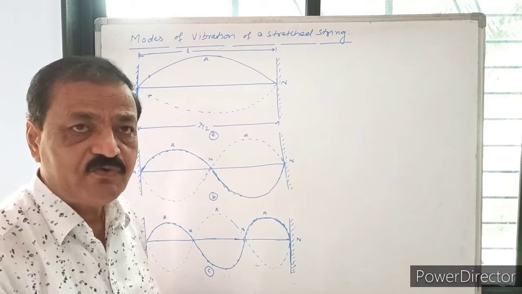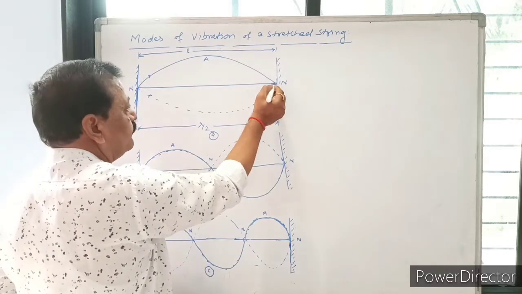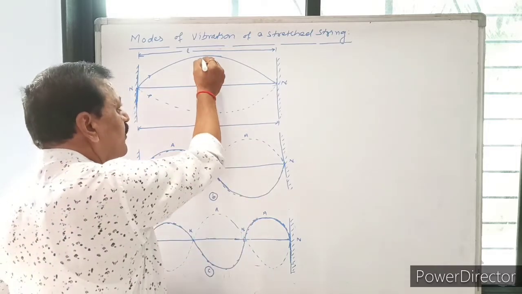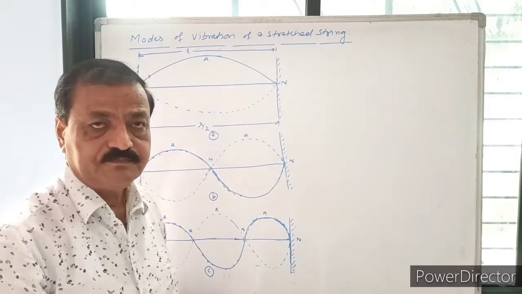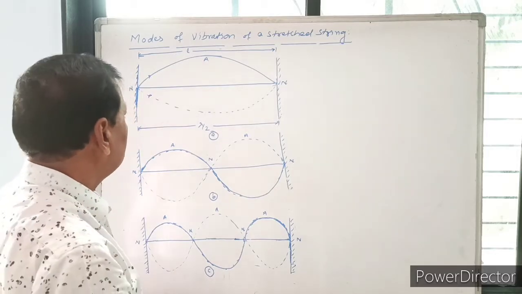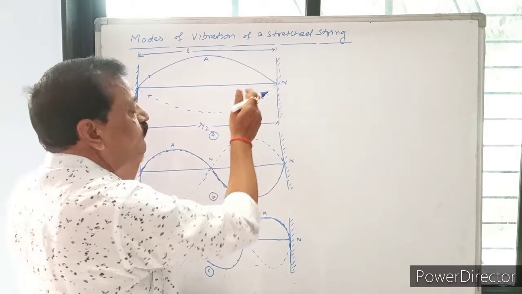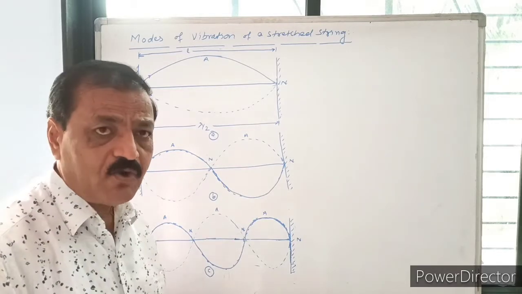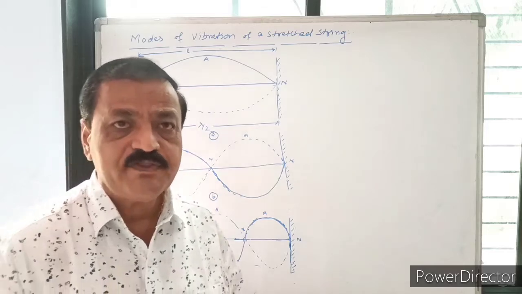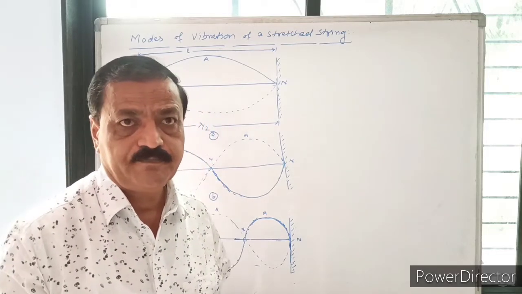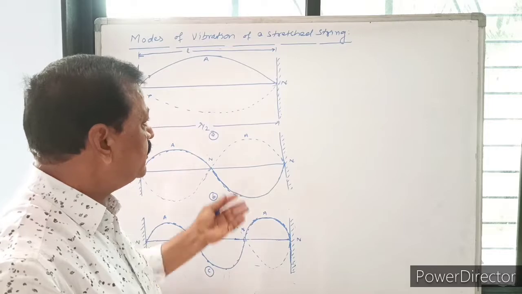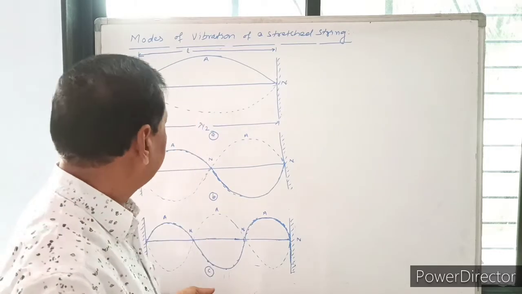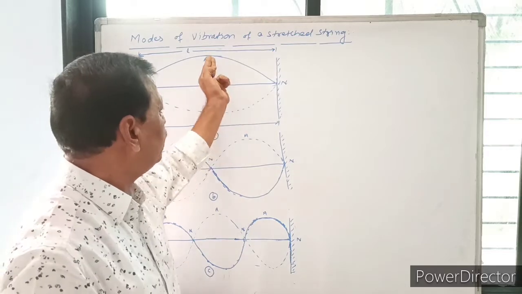In transverse stationary waves consisting of two nodes at the rigid ends, an antinode is formed at the center. So only one loop is formed. We have to find out the fundamental frequency of the string. In the fundamental mode or first mode, two nodes and one antinode are formed.